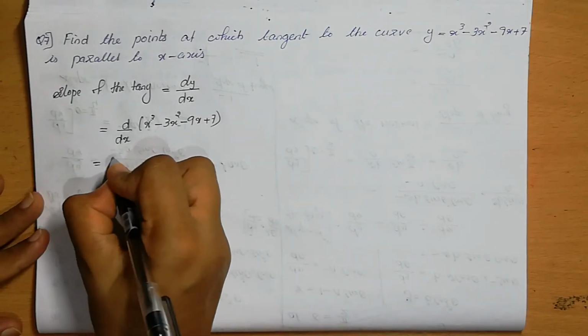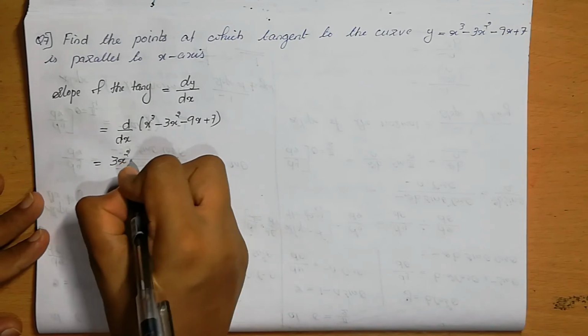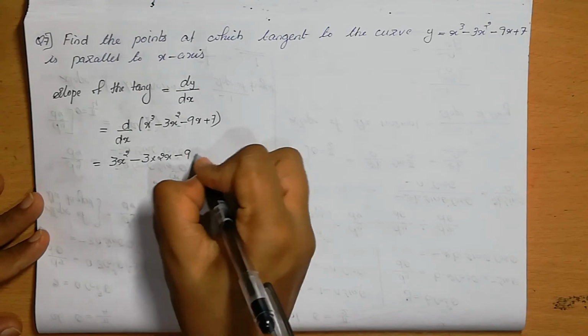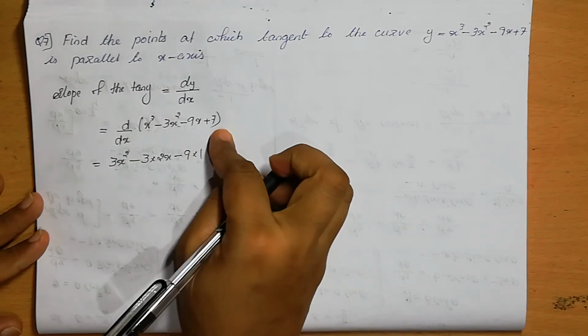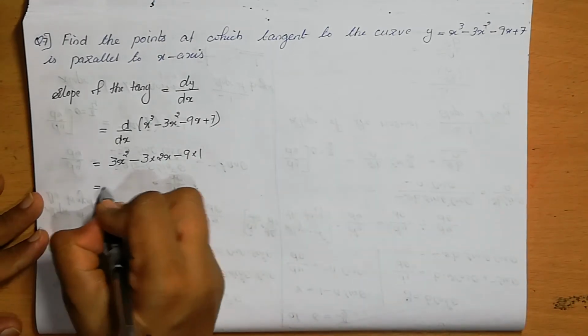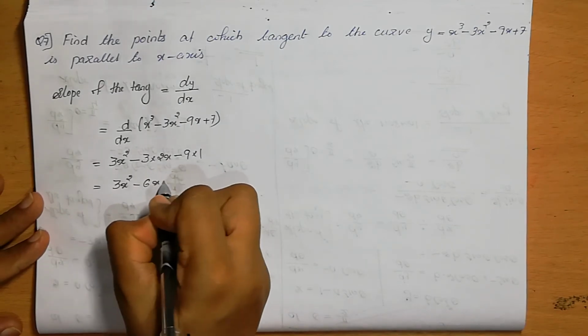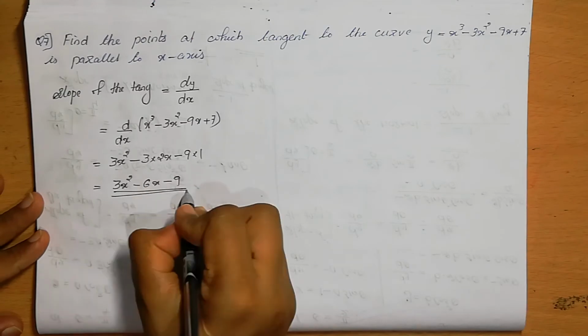So derivative of x cube is 3x square minus 3 into derivative of x square is 2x minus 9 into derivative of x is 1, then derivative of 7 is 0. So we will get 3x square minus 6x minus 9. This is the slope of the tangent.